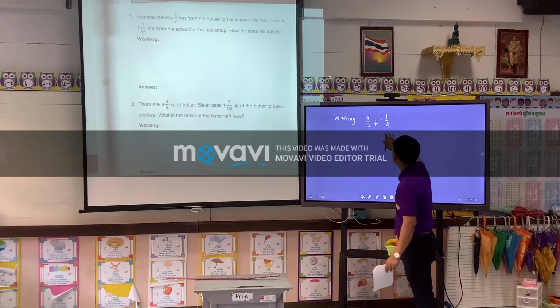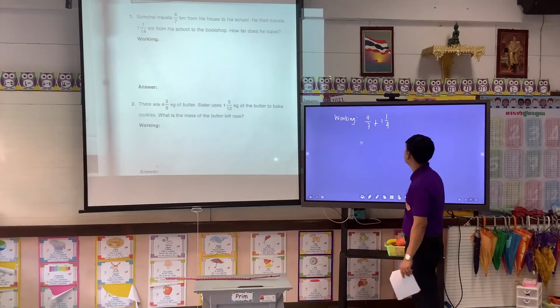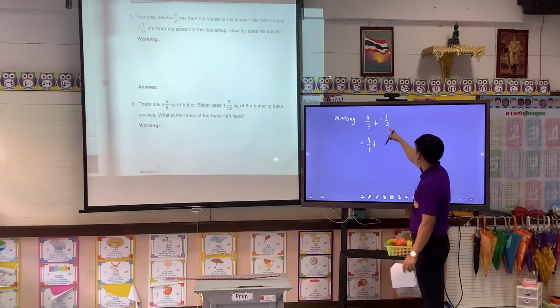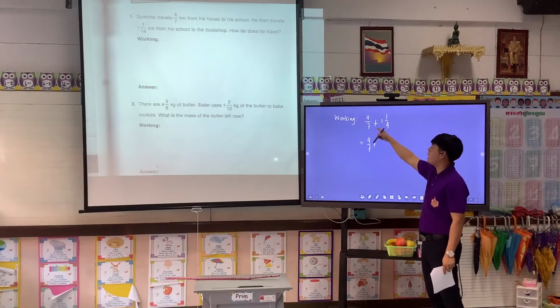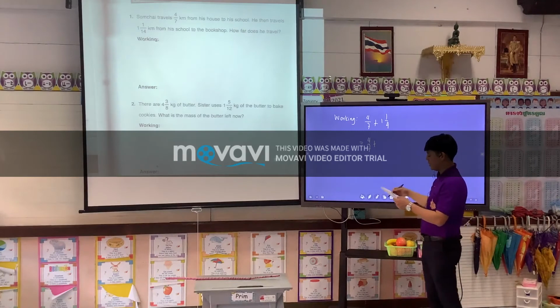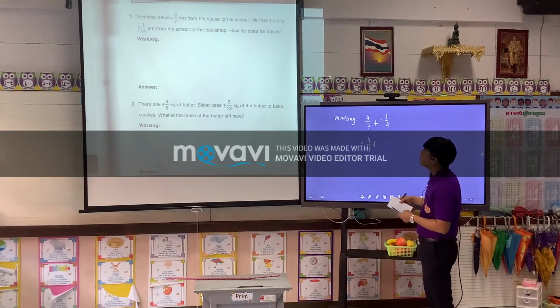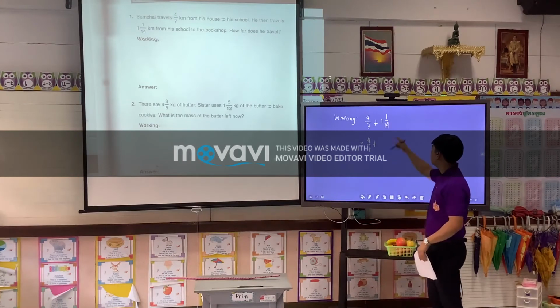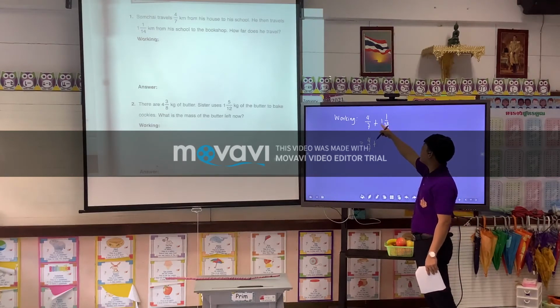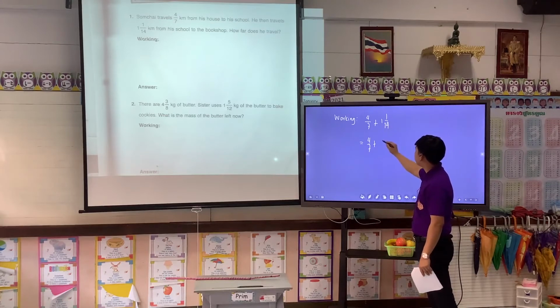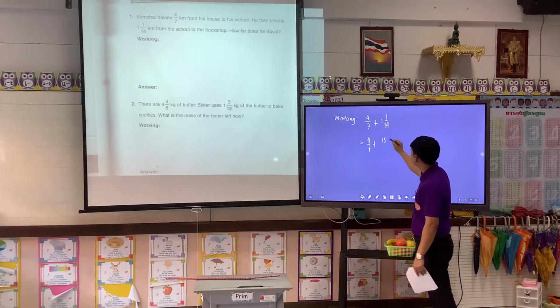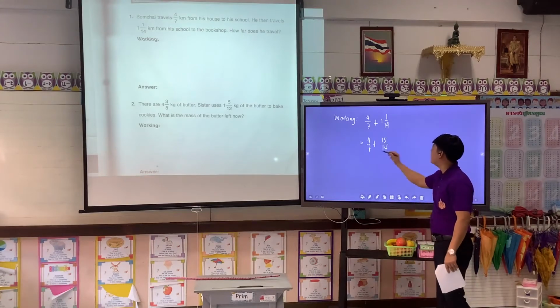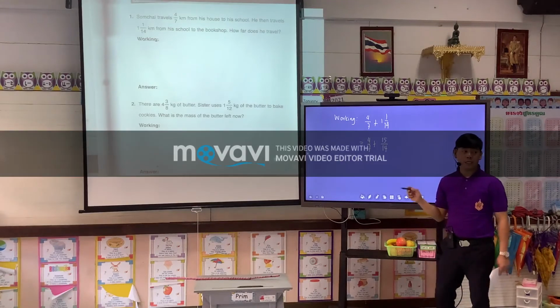Equals 4/7 plus 1 times 4 is 4 plus 1 equals 5/4. Sorry, 14 times 1 is 14 plus 1 is 15, so 15/14. Okay, they have different denominators, right?